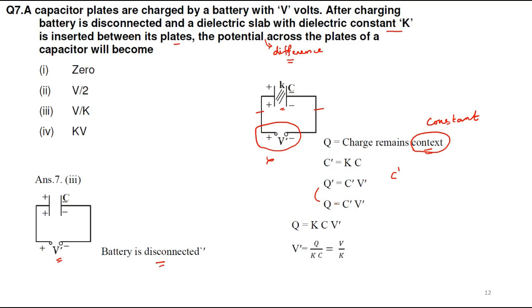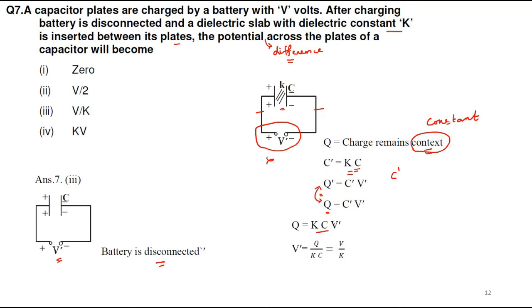Unprimed symbols indicate the quantities before the dielectric is introduced. So these two, Q prime and Q, are equal. Therefore Q equals C prime into V prime. Q is written as it is, but C prime is Kc.